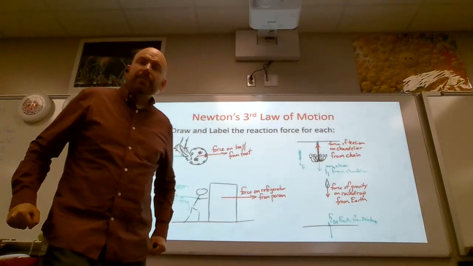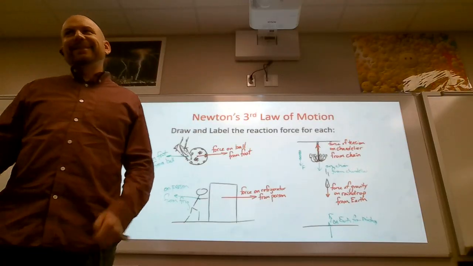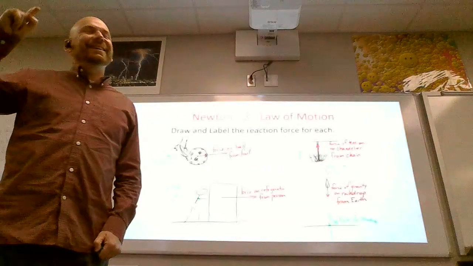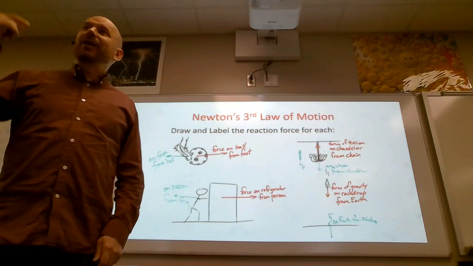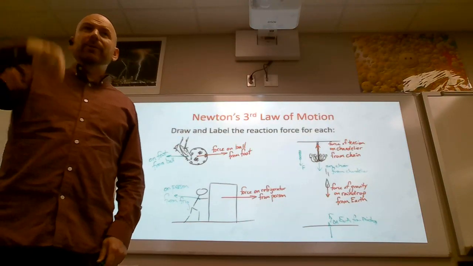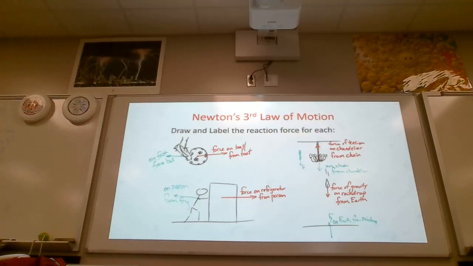So if I jump, pretend I jumped, I am experiencing an acceleration of gravity of 9.8 meters per second squared downward, right? Am I suggesting that the Earth experiences an acceleration of gravity of 9.8 meters per second squared upward towards me?